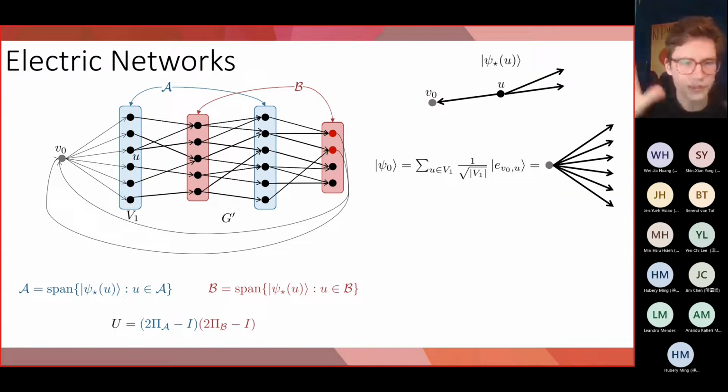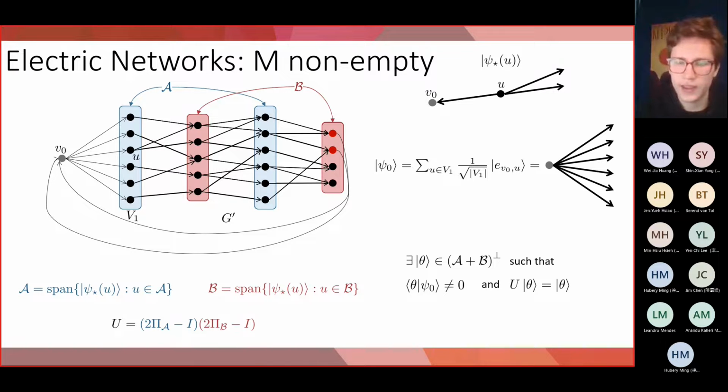We have our two spaces that are obtained by the span of all star states. And we have some initial state. And first we had to find a state theta that's orthogonal to all star states that has a non-zero overlap with our initial state. Well, we just saw what was orthogonal to all star states, namely flow.